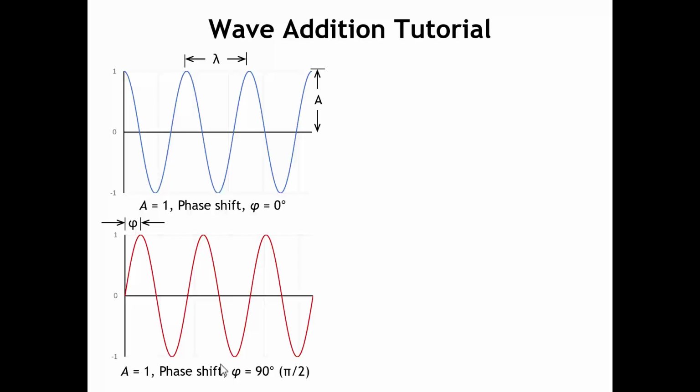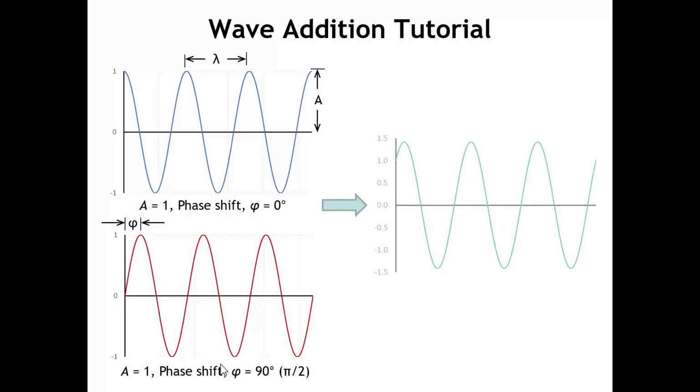Now, if we were to add these two waves together, the resultant wave would have the same wavelength as the two waves that combined. But what is different is that we have a different amplitude and we have a different phase shift. So when we add these two waves together, the maximum now is above 1. It goes up to 1.41, and that happens at an angle of 45 degrees.